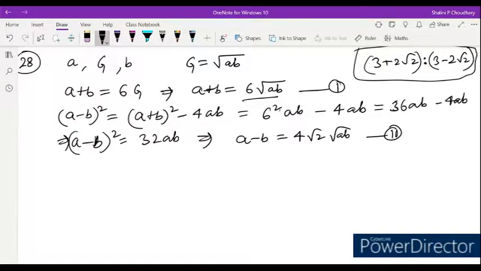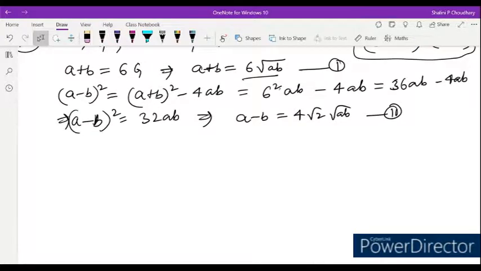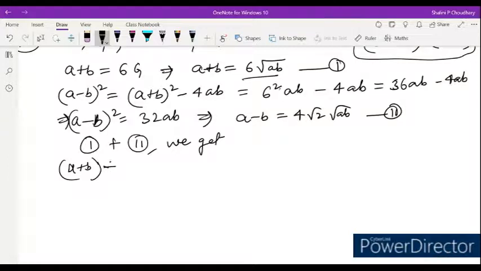Now what we'll do is add equation 1 and equation 2. Then what will we get? A plus B plus A minus B will be equal to 6 square root of AB plus 4 root 2 square root of AB. Now what value will we get?